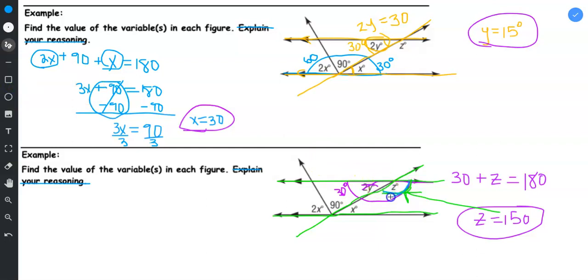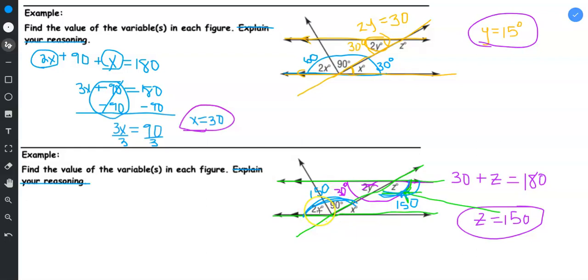If you look at this angle here, and this whole angle here, these are alternate interiors, so they should be congruent. So if z is 150, then 90 plus 2x should also equal 150. So this is a way to check our work to see if we got the right value for x.